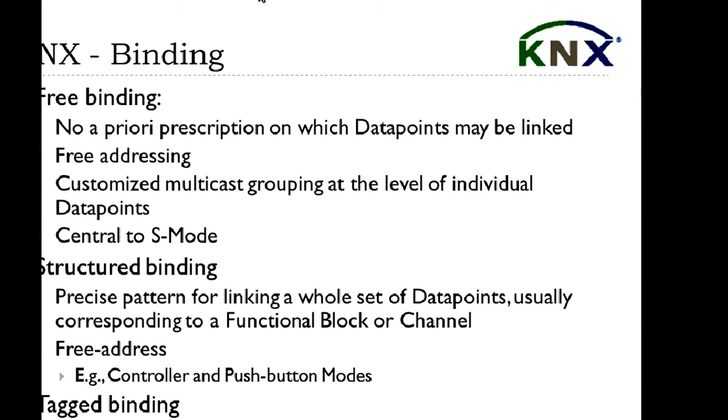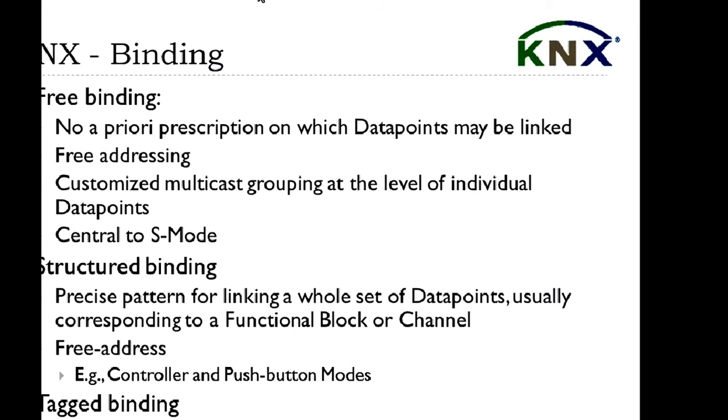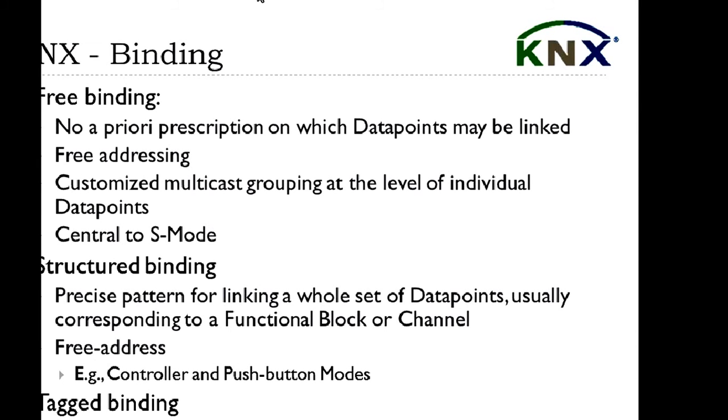So if I send a 1 command or a 1 message on the multicast group 001, all the devices receive it and act accordingly. So if I have a switch and I want to connect this switch to 3 different lamp actuators, I just put on all the data points of these devices the same group address, for example 001.